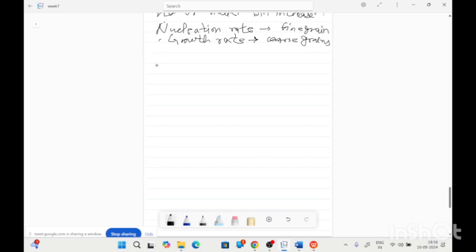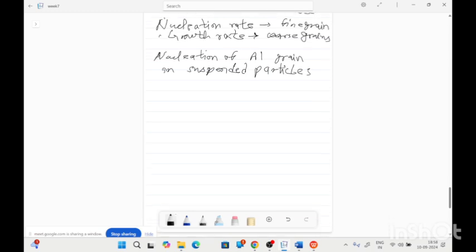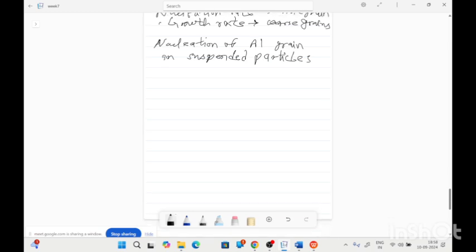For the nucleation of aluminium grains on suspended particles, a foreign particle is added in the melt. The particles can be metal powders or ceramic powders.